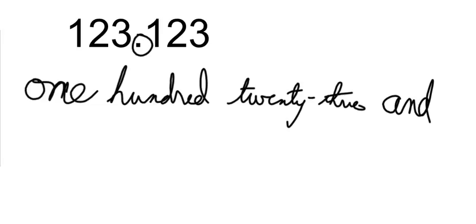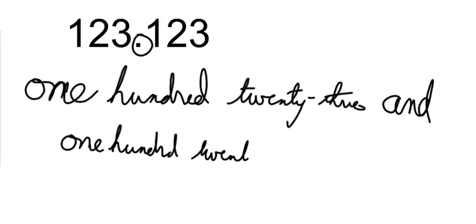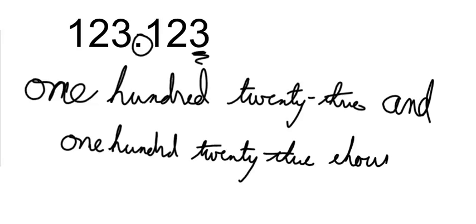And now we're going to write one hundred twenty-three. Now we need to add one word because we go by our last place value, and that of course is thousandths with that S at the end.